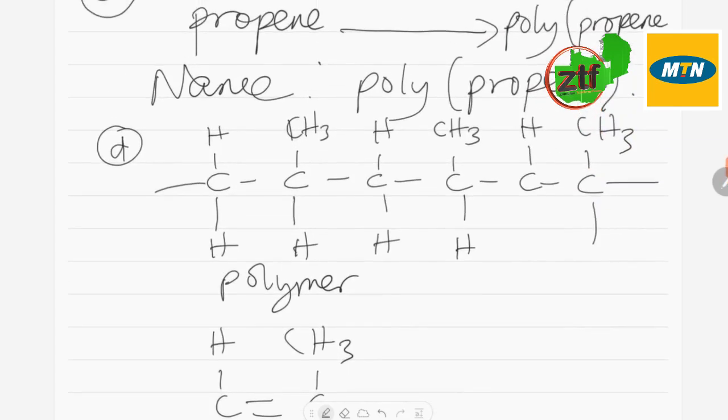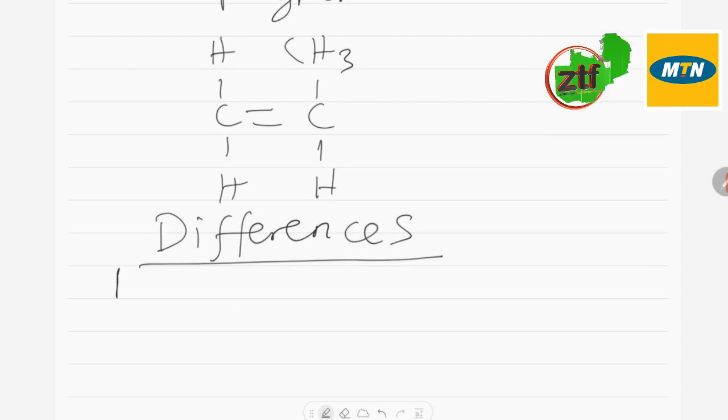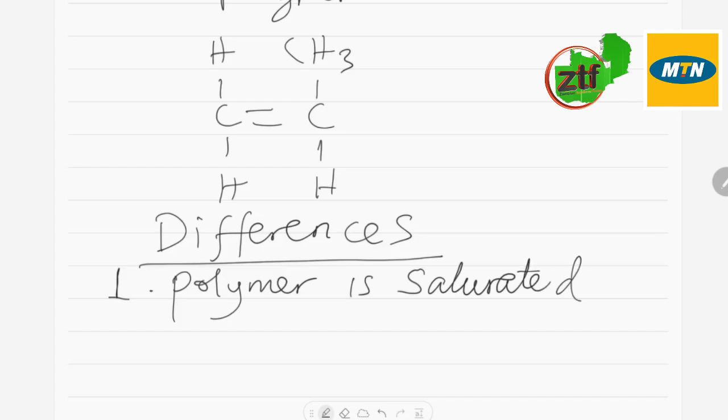We recognize that our polymer, which is polypropene, has just single bonds throughout. So because they are single bonds, number one difference is the polymer is saturated, meaning that it is single bonded.